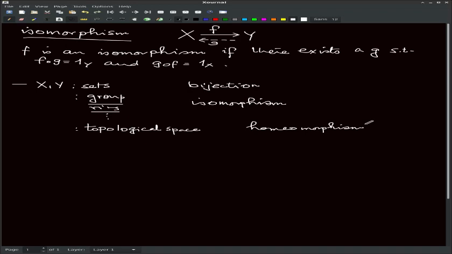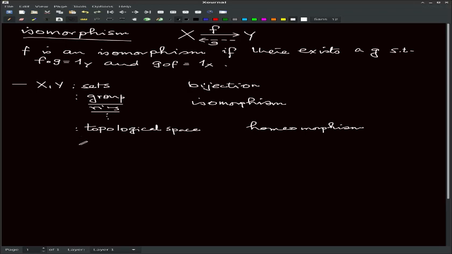In books, they write, well, it's continuous and so many things. But the moment we take a categorical point of view, we see it is nothing else but an isomorphism. So saying that it is continuous and open and a bijection is nothing else but saying that F is continuous and G is continuous, and it satisfies these two equations. So that is an isomorphism.